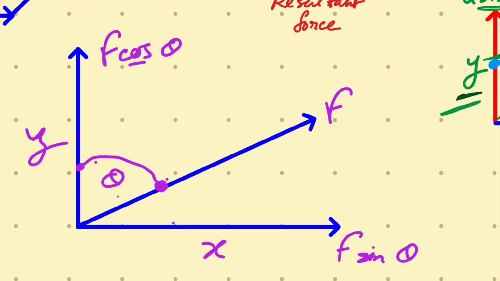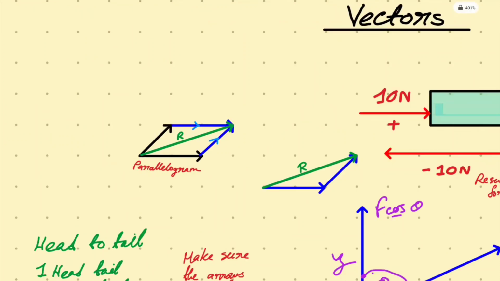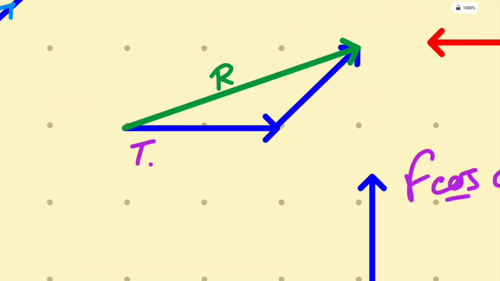Now we need to also learn how we find the resultant force of vectors. There are two different types: one is the parallelogram method and the other is the triangle method. In the parallelogram method, we use two different lines.